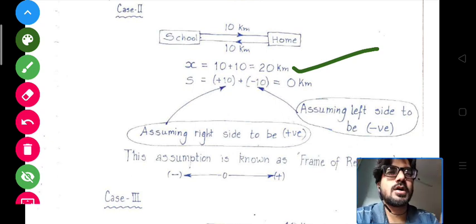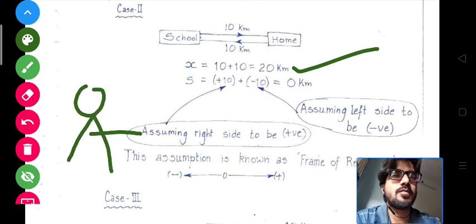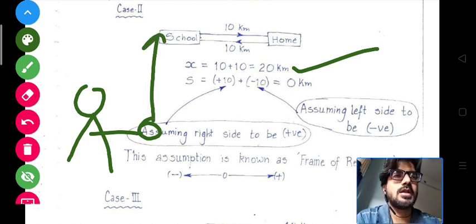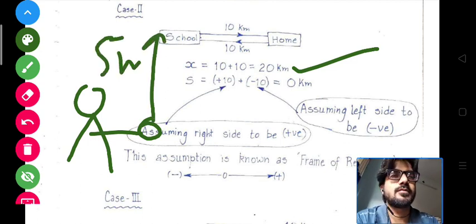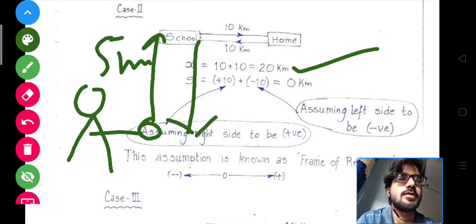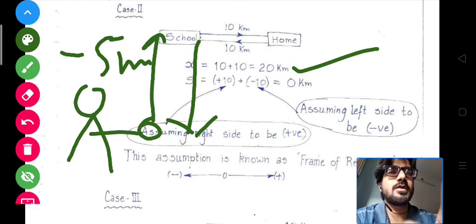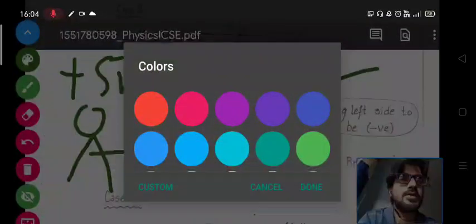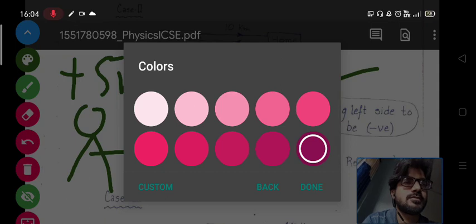Whenever you are standing somewhere and you throw a ball upward, and it goes 5 meter in height and comes back to your hand, it is plus 5 meter.